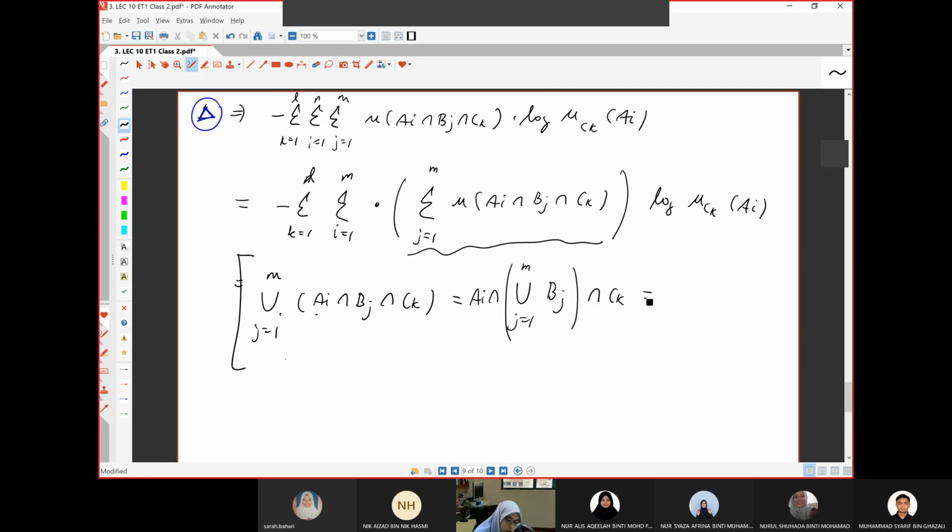This is equals to AI intersect. So the union of BJ is what? The whole X. The union of BJ from 1 until M is the whole X. So it means that it is equals to 1. So that means AI intersect CK only.